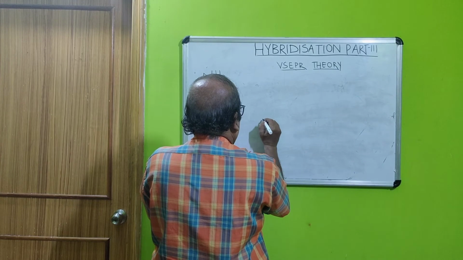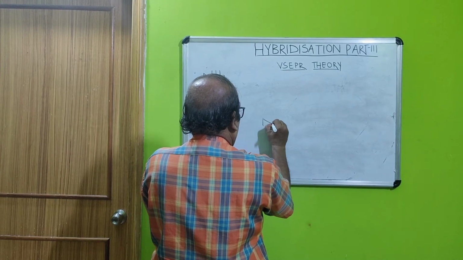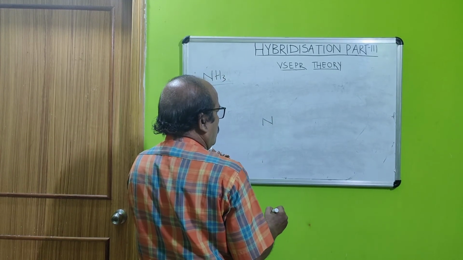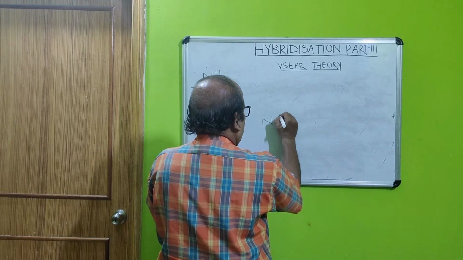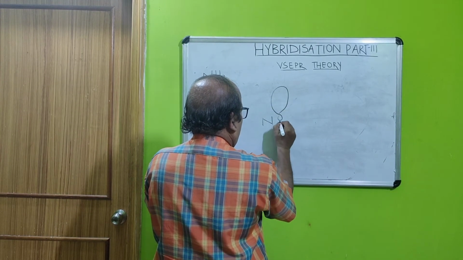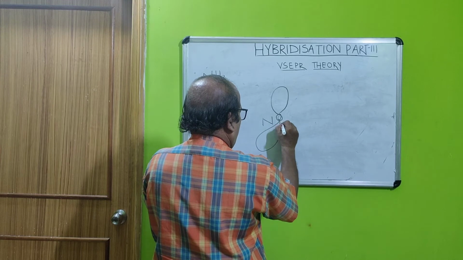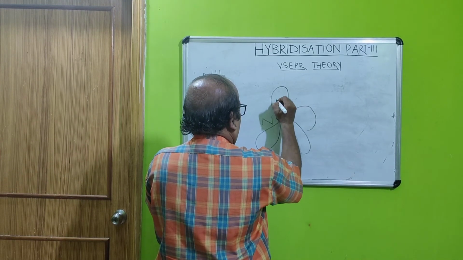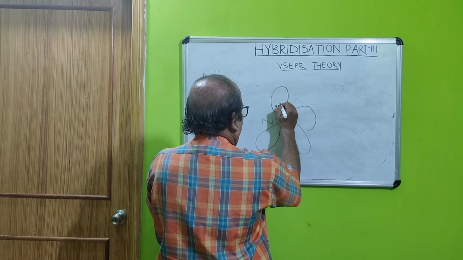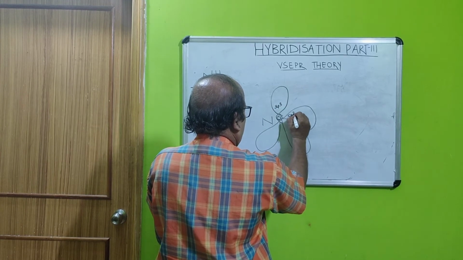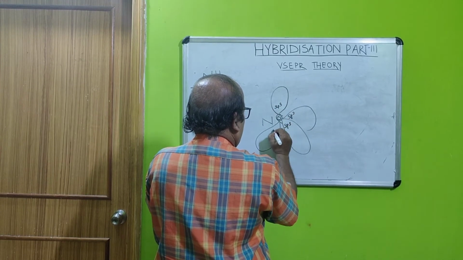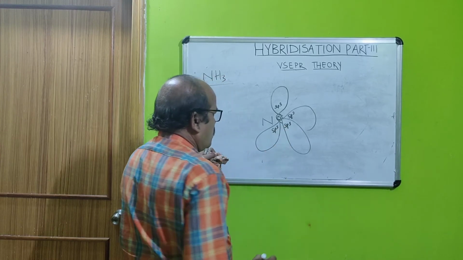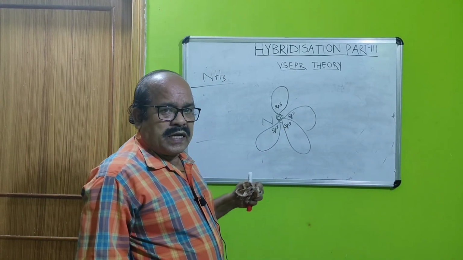This is nitrogen here. It is sp3 hybridized. 4 sp3 hybrid orbitals are there.